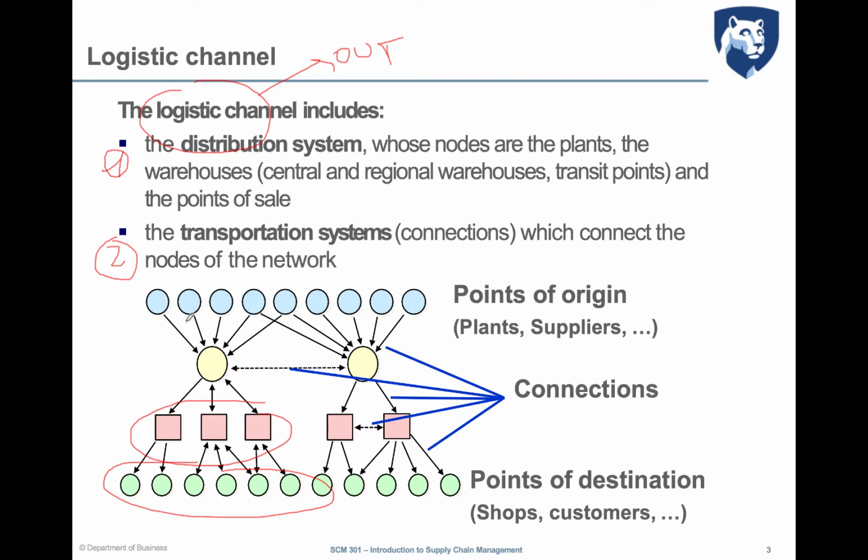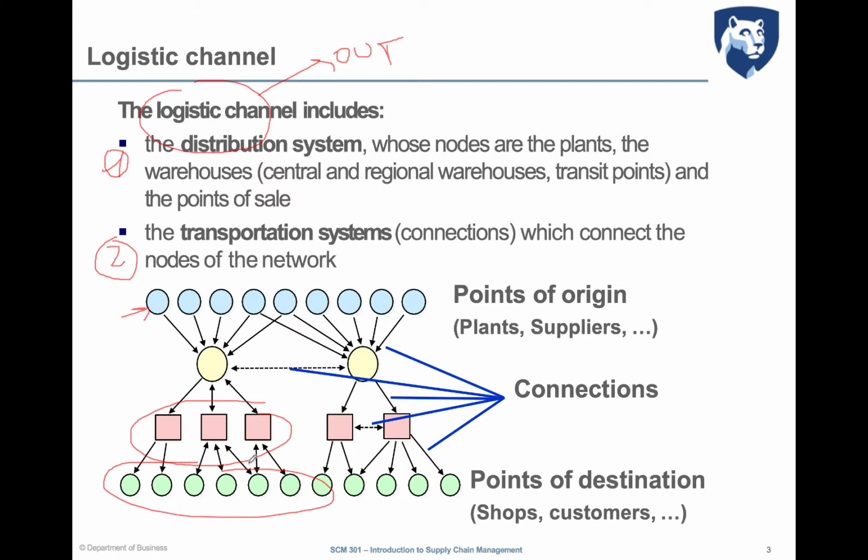And here you see it represented. So the nodes are the points of the distribution system, while the arcs, the arrows, are the part of the transportation system.